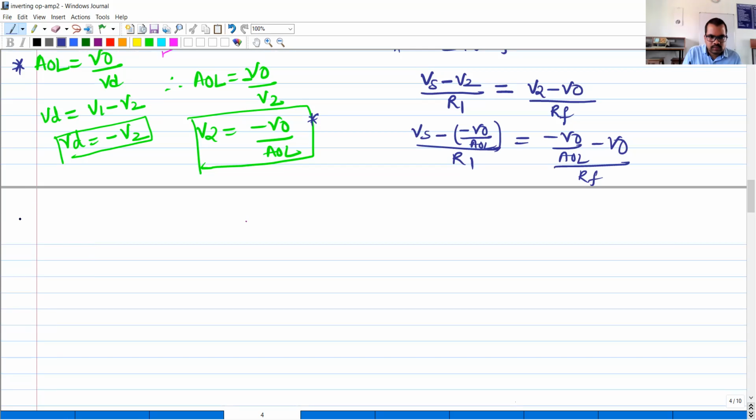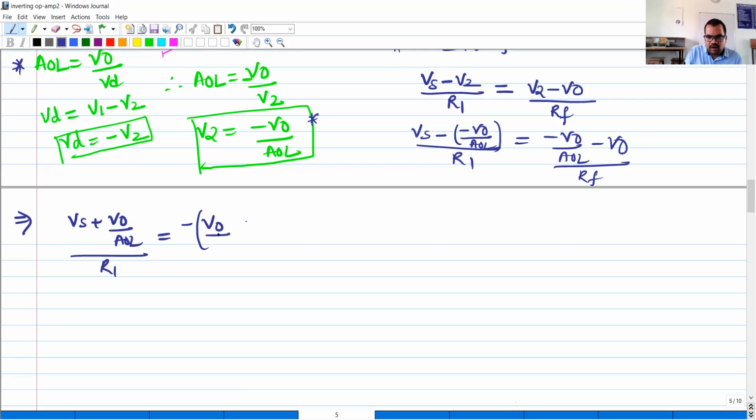Here it becomes Vs plus V0 by AOL by R1 is equal to minus, taking the common minus, V0 by AOL plus V0 by RF. Here I want to do the cross multiplication.